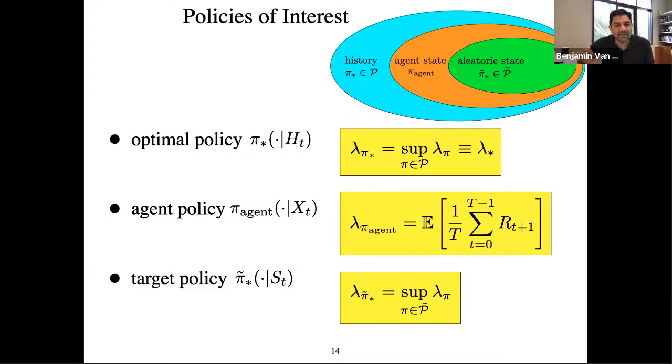Okay, and the average reward of that is lambda pi tilde star. Pi tilde star is the optimal policy among those that generate actions based only on aleatoric state. We call that the target policy. Okay, so one way to think about this is, the agent policy is what the agent's actually doing, and the target policy is how well the agent hopes to eventually work. Okay.